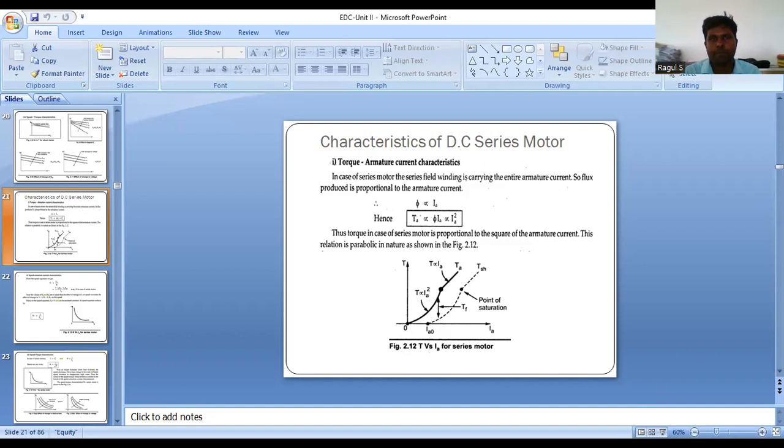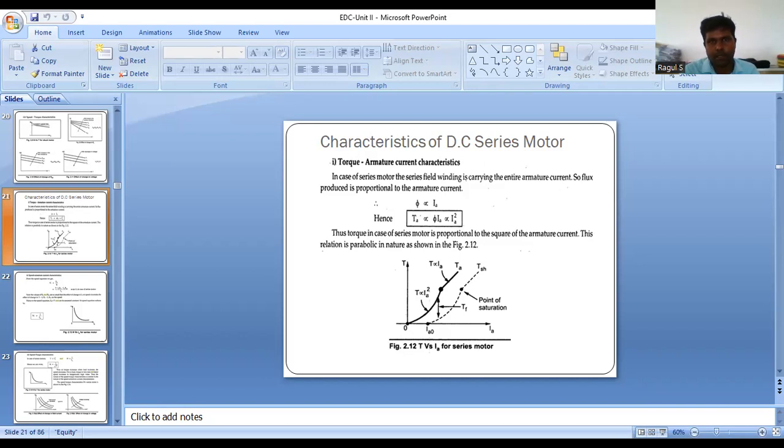Next is speed versus armature current. What is the relationship between speed and armature current? We can't directly relate speed and armature current. Through the flux, we can define the relationship between them.